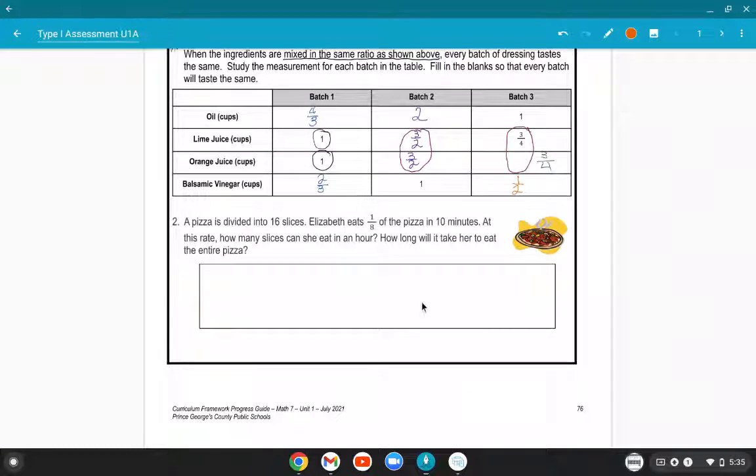Okay. We have a pizza that's divided into 16 slices. Elizabeth eats 1/8 of the pizza in 10 minutes. At this rate, how many pieces can she eat in an hour?